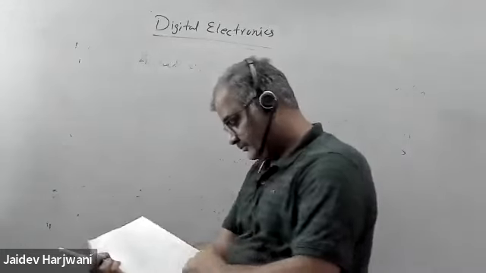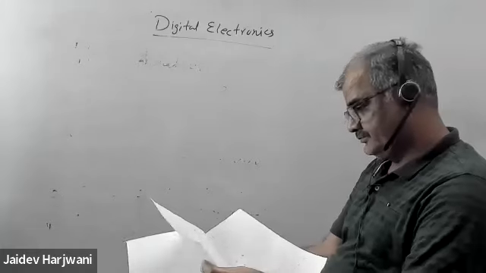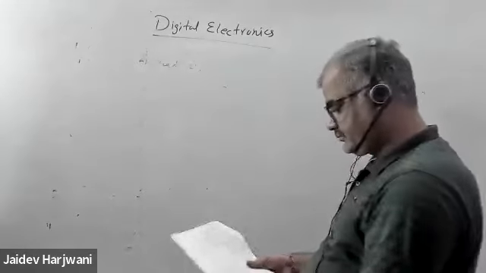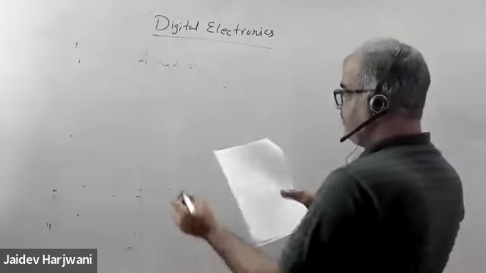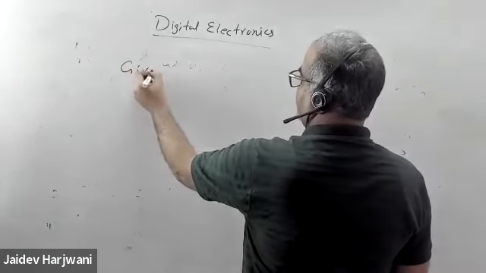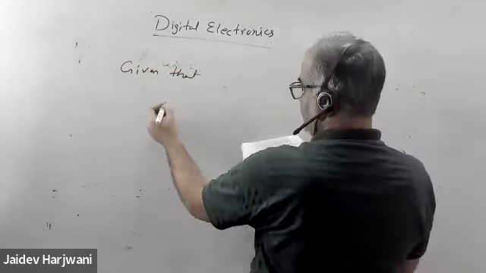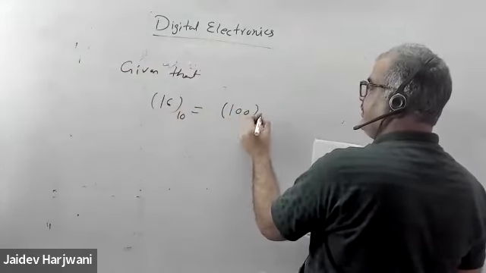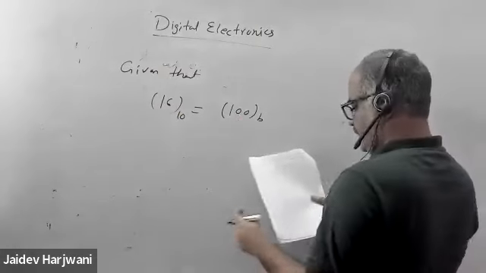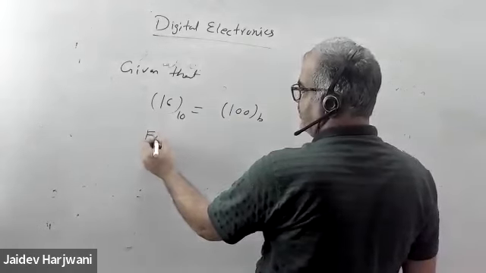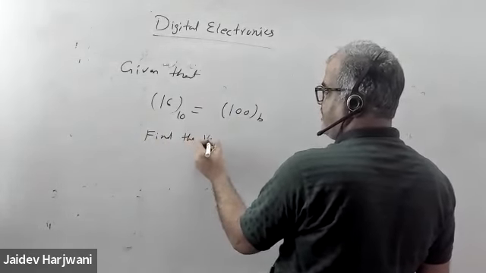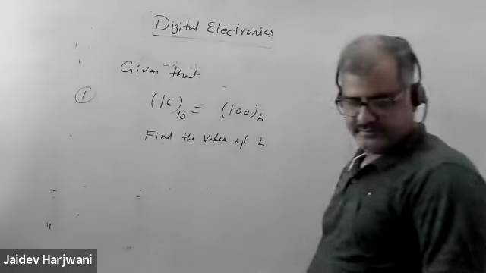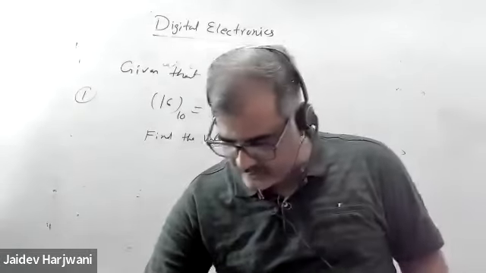You have been given that 16 in base 10 is equal to 100 in base B. So you have to find the value of B. 2, sir. 2. How?